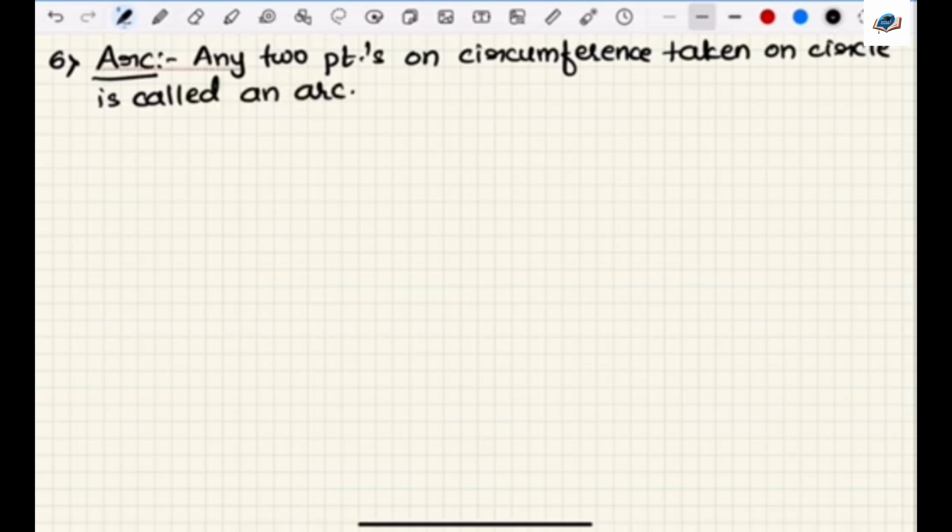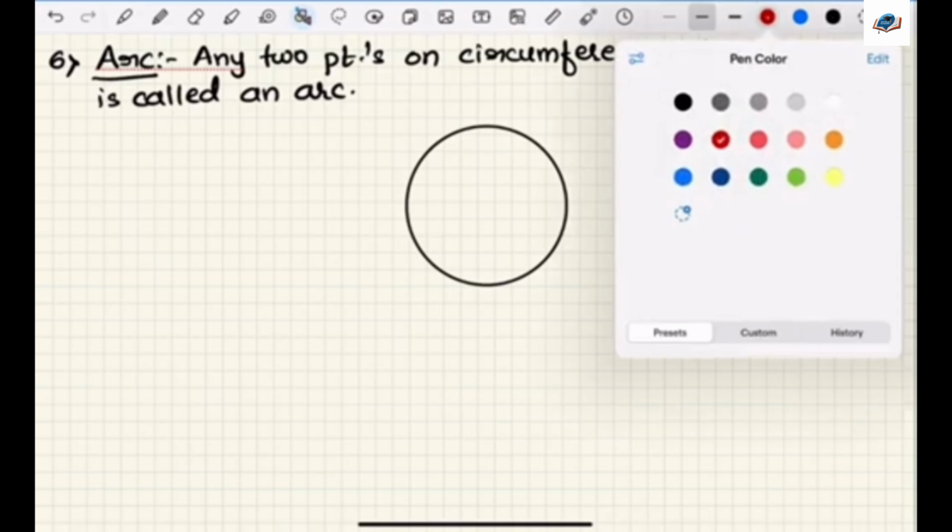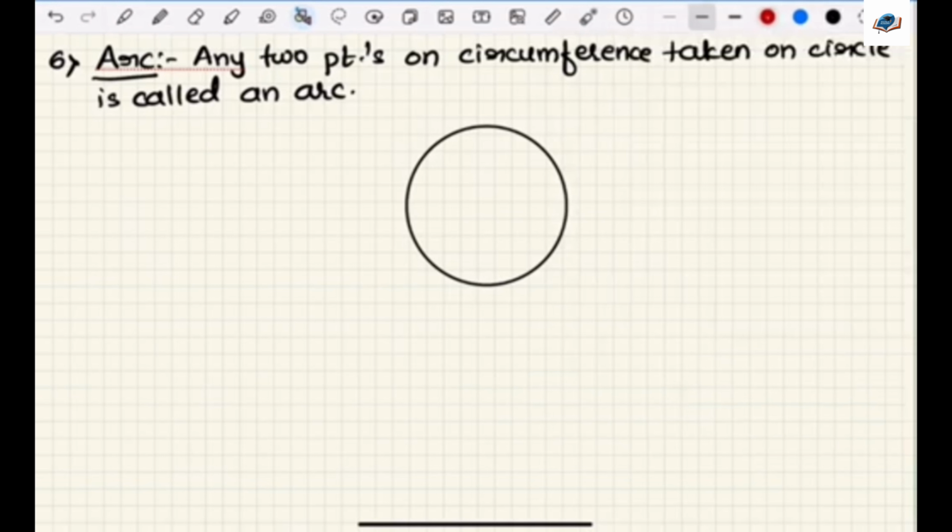Now let us understand this by an example. So suppose if I am drawing a circle and I am taking any 2 points A and B. So this is my A point, this is my B point.